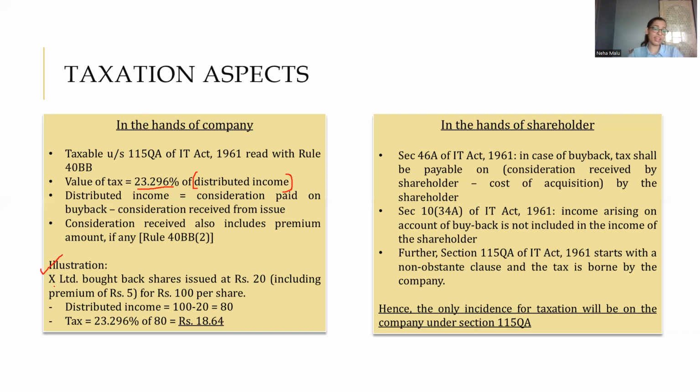X Limited bought back shares issued at ₹20, which includes a premium of ₹5, for say ₹100 per share. Then in this case, distributed income is 100 minus 20, which is 80. And accordingly, the tax is required to be paid at the rate of 23.296% of this distributed income of ₹80. So this is with respect to taxation in the hands of the company.